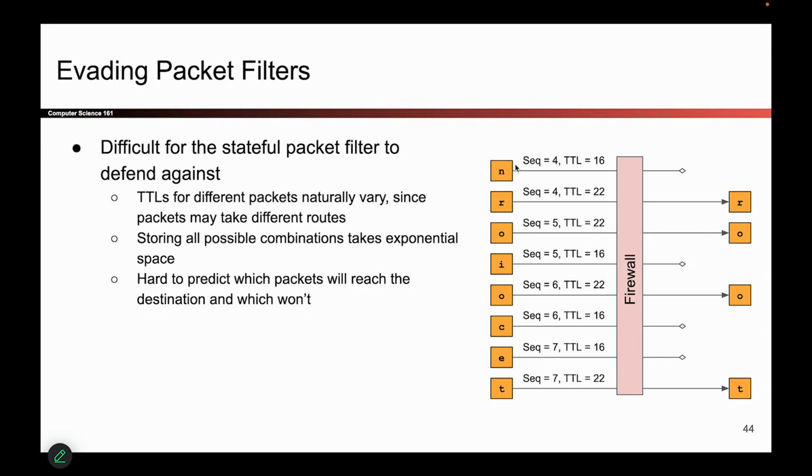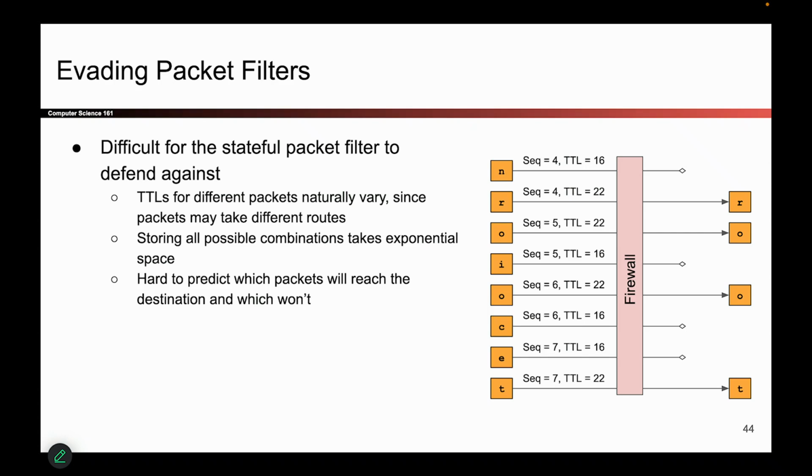Maybe the firewall tries all exponentially many combinations of letters. So it tries N, O, O, E. OK, that's not root. Then it tries N, O, O, T. OK, that's newt. That's not root either. Then it tries R, O, O, E. But if this firewall had to try all that, that's an exponential number of things it has to try.